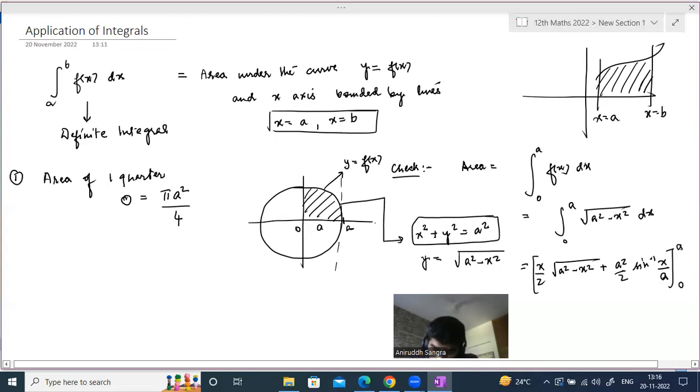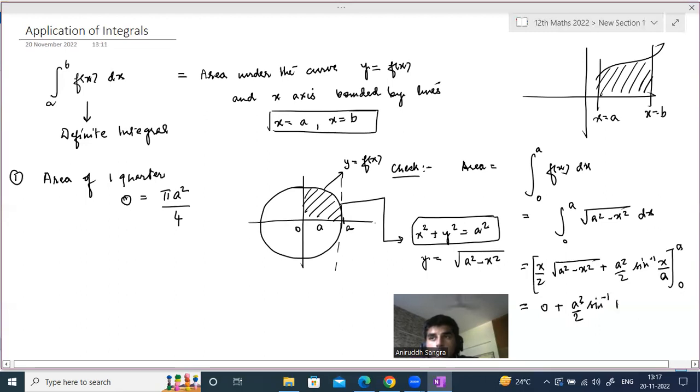Now, for the definite integral, we just need to put in the values. We put a, and we get 0 plus a square upon 2 sin inverse 1. Sin inverse 1 is equal to pi by 2.